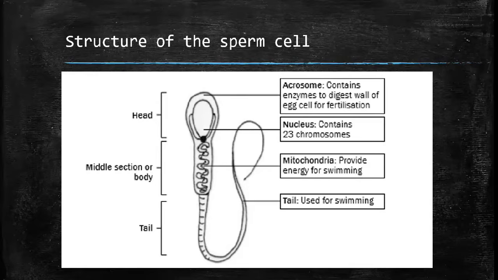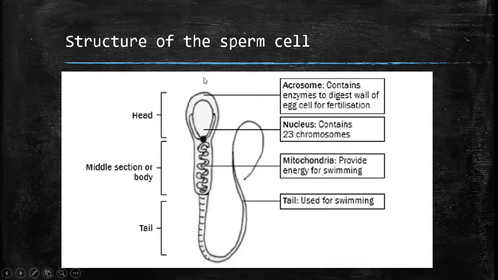A mitochondria is the powerhouse of a cell. So this is a sperm cell, so it has the powerhouse. This powerhouse is responsible for providing energy for the sperm for movement. In order for the sperm to move, it needs energy. So that energy is produced where? In the mitochondria. Now, the tail is important for movement. It makes the sperm swim.